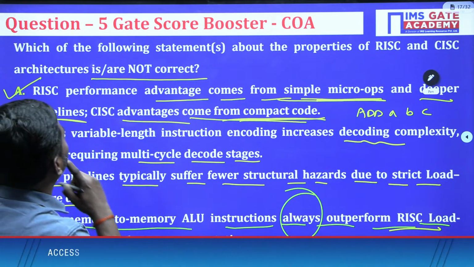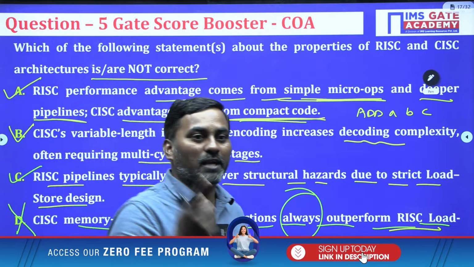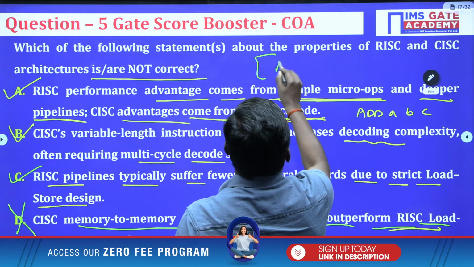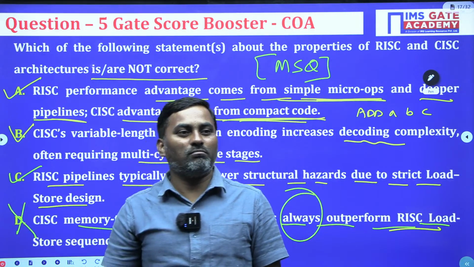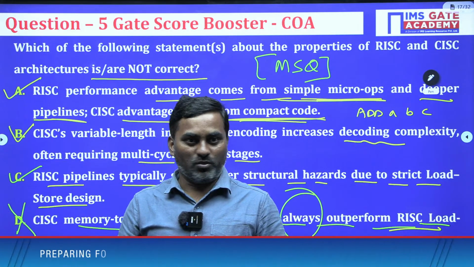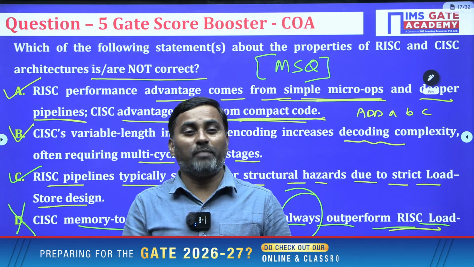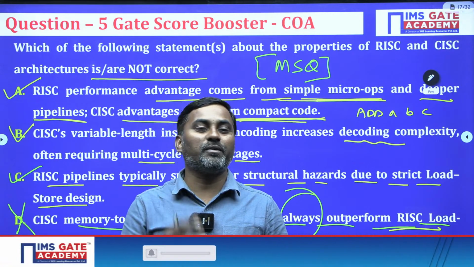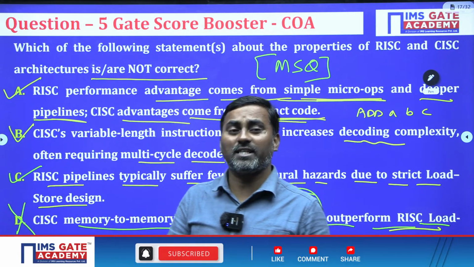You're asking which of the following is incorrect? Option D is the right answer. But you may think, sir, it is an MSQ question. I made it an MSQ question. You may be thinking that an MSQ question means more than one option is right, but that is not necessarily so. For an MSQ question also, only one option can be right. It happened in GATE 2025, the best example.